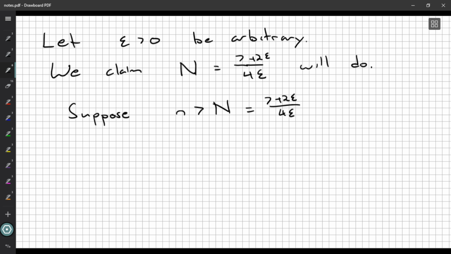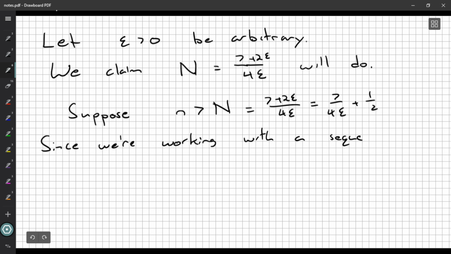Okay, so what can we do? Well, I suppose it doesn't hurt to rewrite this. Okay, like that. Now, since we're working with a sequence, actually, we don't need to. I was going to say we could assume the n's are integers.